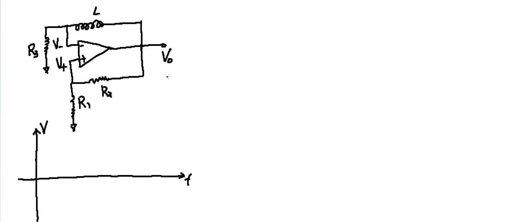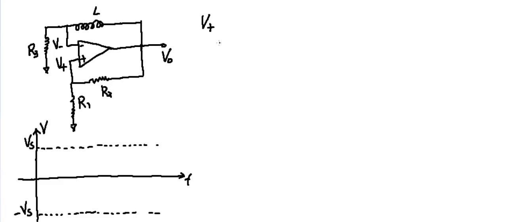For the output voltage VO, we know since it has positive feedback, usually it will go either to the positive V supply or negative V supply. So this is positive Vs, and this is negative Vs. So now let's first look at what V plus is.